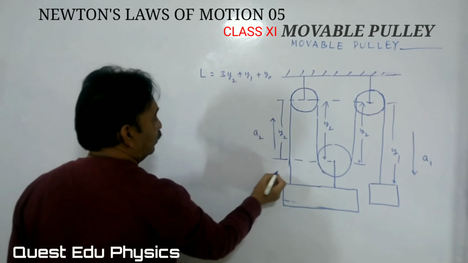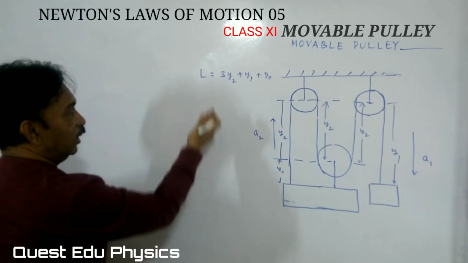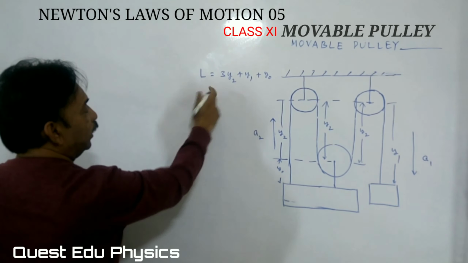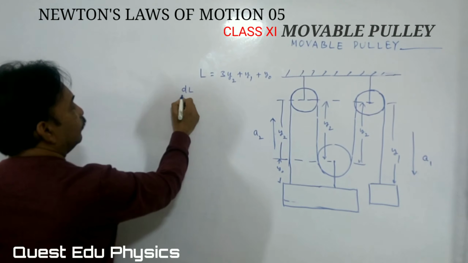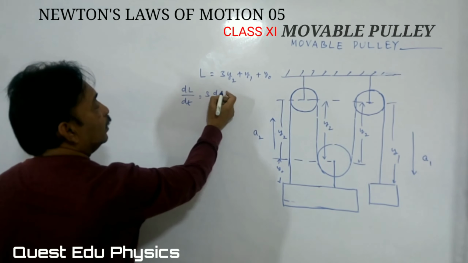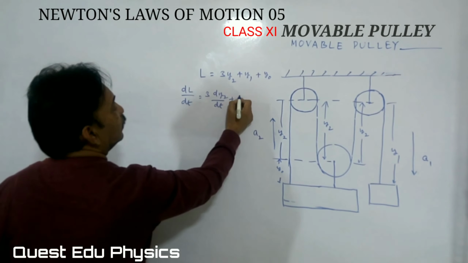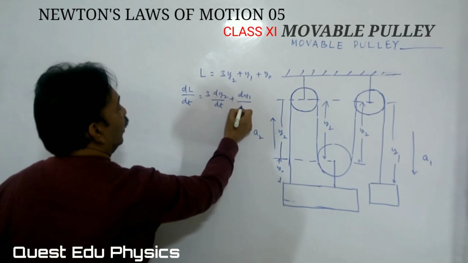So it is y0, it remains constant. Again you differentiate it, you get dl by dt is equal to 3 of dy2 by dt plus derivative of y1 by dt.